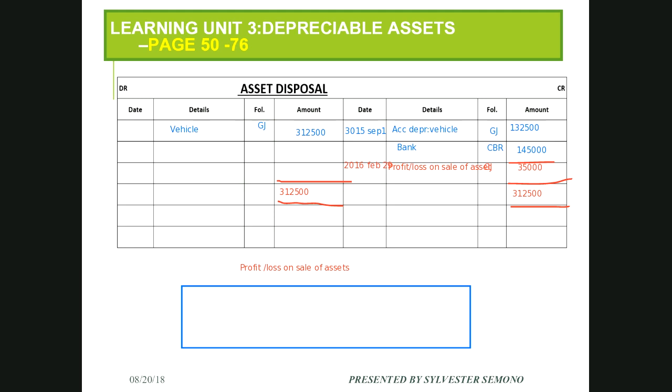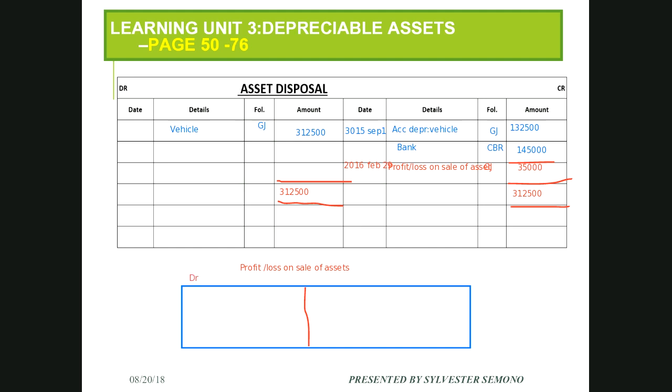Just trying to be creative, guys. Sorry. Okay, this side is gonna be debit, and this side is gonna be credit. I'm just gonna do it in short.